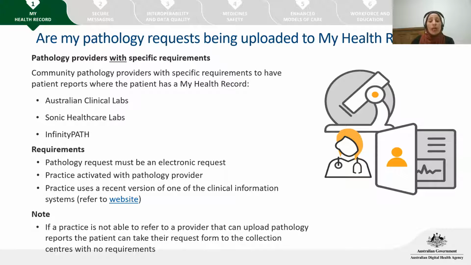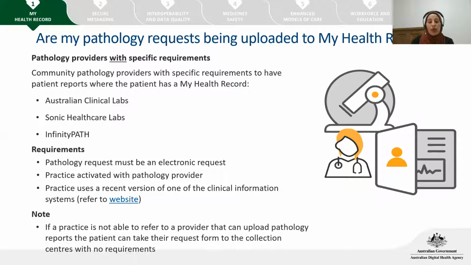Keeping in mind also, if a practice wants to refer their patients to more than one pathology provider, they will need to do this for each provider they wish to refer to. So call more than once or twice, depending on how many they want to refer to. Also, some clinics may have been set up for e-requesting in their software in the past, but may never have made contact with the pathology provider, so that would mean that they're not activated yet.